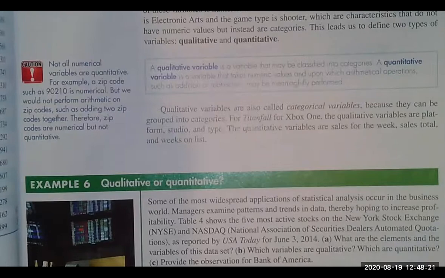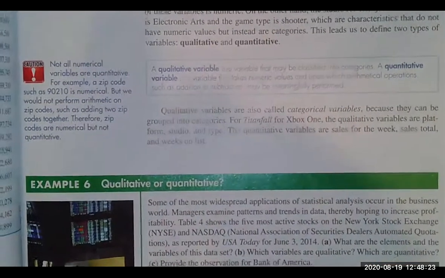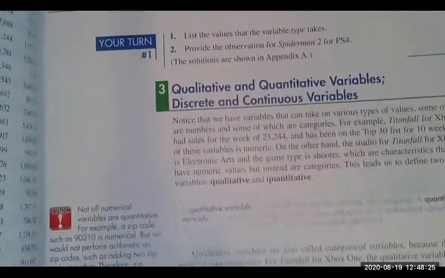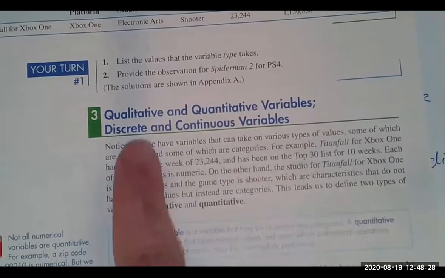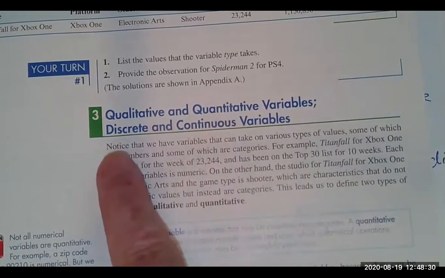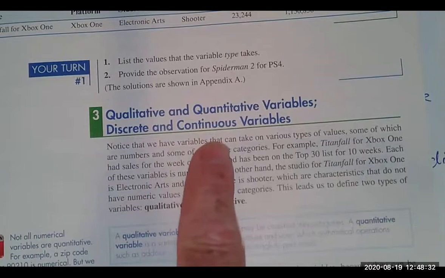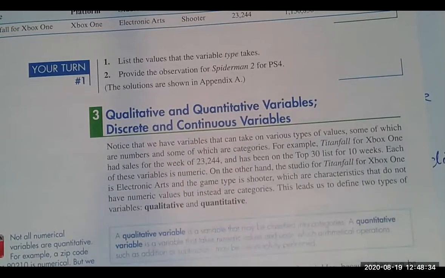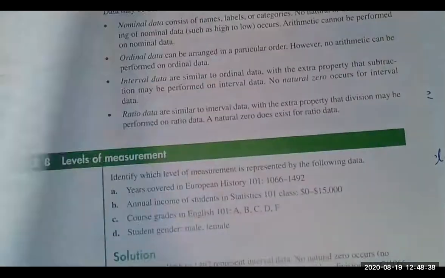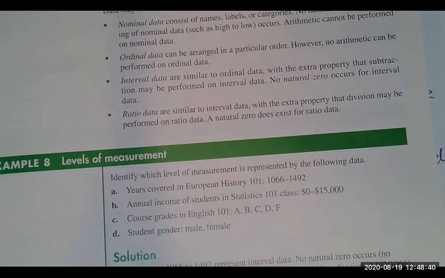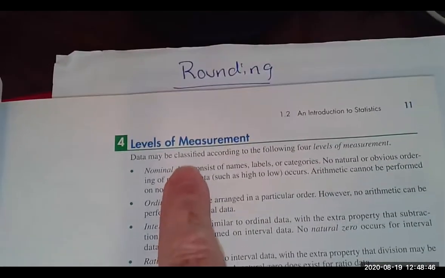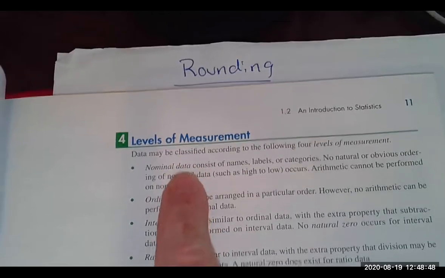Flipping around. Oh, right here. Didn't I do these guys just now? So then you can see what they're talking about here. I'm not holding you responsible for number 4 here.